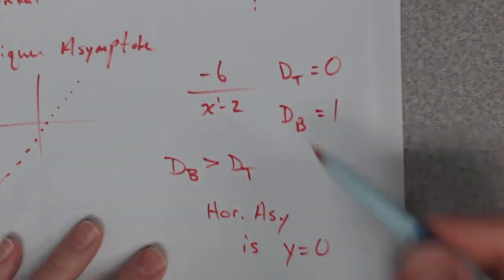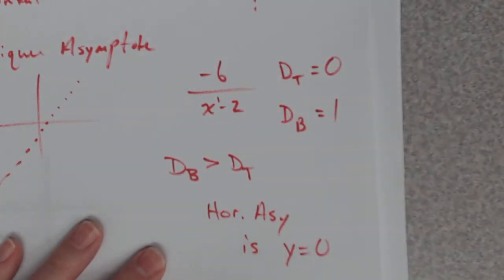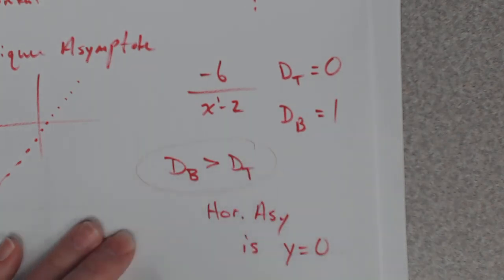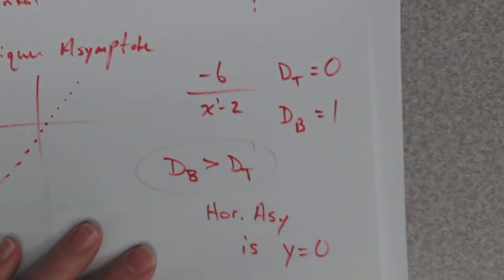Because you haven't shifted anything up or down, essentially. So that's one thing that you got to recall. Another one of those little tips: if the degree of the bottom is bigger than the degree of the top, then you got y equals 0.